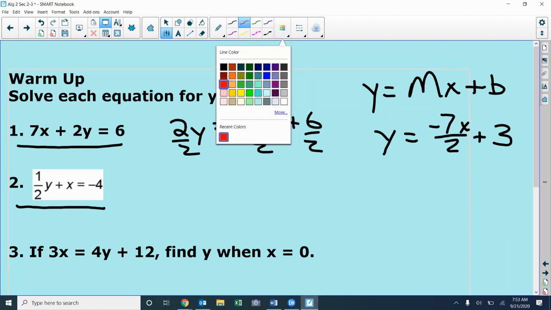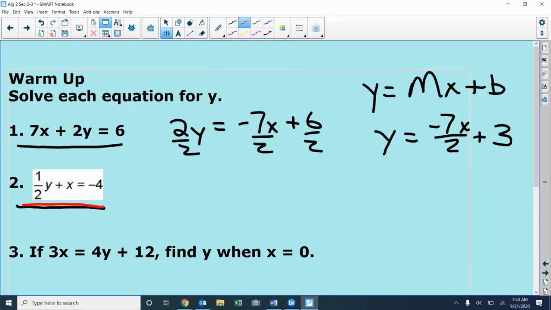Not much left. Take the x over. I'll have 1/2 y equals negative x minus 4. How do I get rid of that half? Well, I'm going to multiply this side by 2. Now be careful, everything needs to be multiplied by 2 over there.